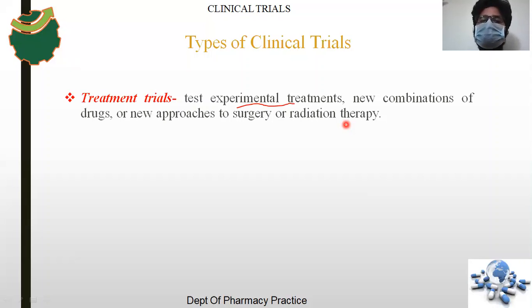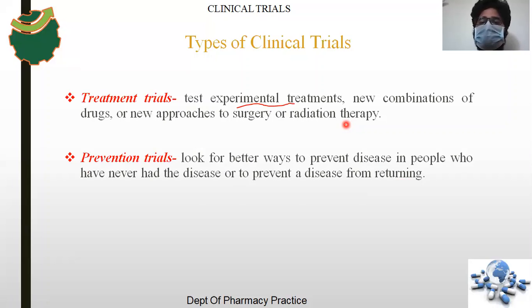Next one is prevention trials. Here you are preparing a prophylactic treatment, or a way to prevent a disease condition. Like the government gives polio vaccine to prevent polio, and gives vaccines to children to prevent polio or many other disease conditions.